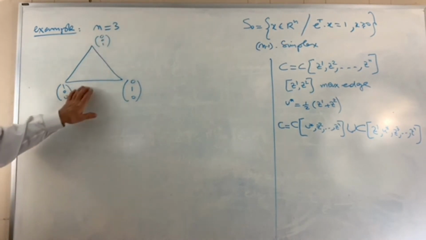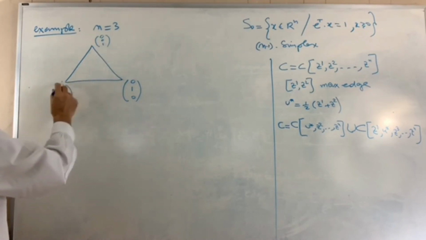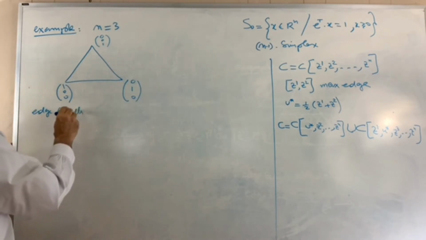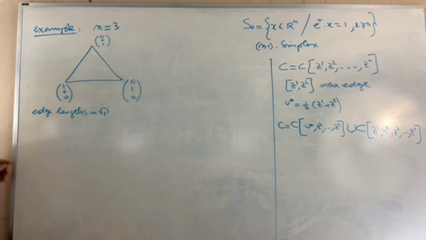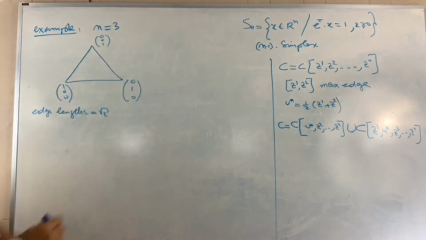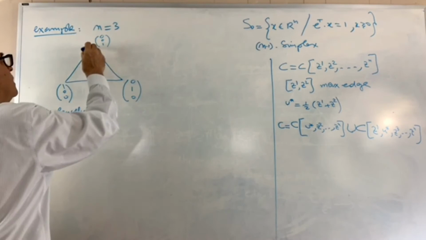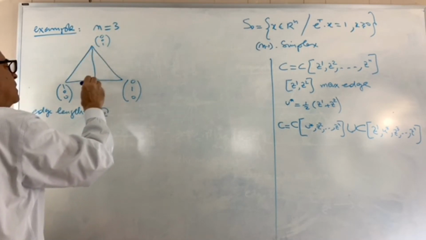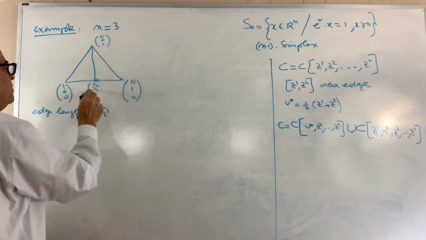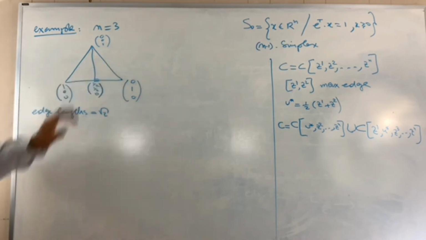Initially, all the edge lengths are equal to square root of 2, right? So I could pick any edge for this process. So let's pick this one. Here the midpoint is a half, a half, and 0. Now I have two cones, this one and this one.